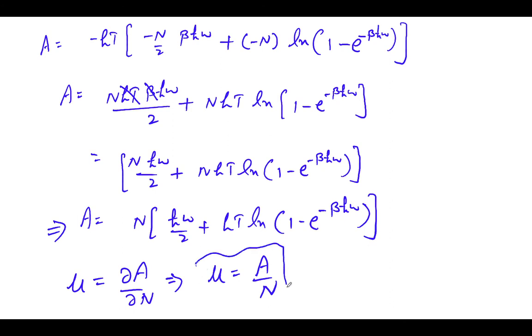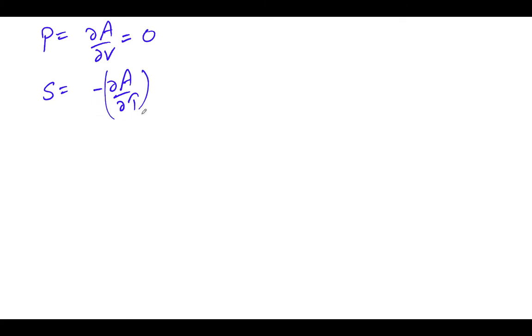So mu is A over n from this expression. Similarly you can find out the pressure term, which is the partial derivative of A with respect to V. So this comes out equal to 0. From that you can find out the value of entropy by taking the derivative of A with respect to T. So you can solve all these thermodynamic parameters.